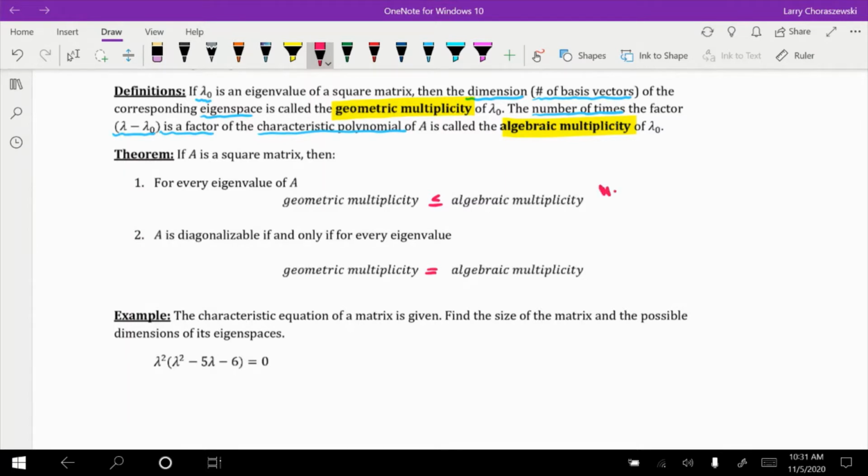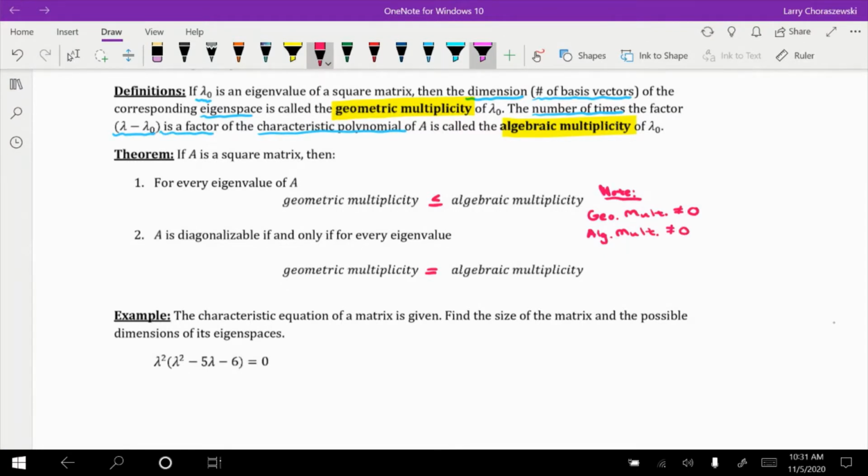One thing I do want to note is that the geometric multiplicity, I'll write this as geomult, will never equal 0. Likewise, the algebraic multiplicity will not equal 0.